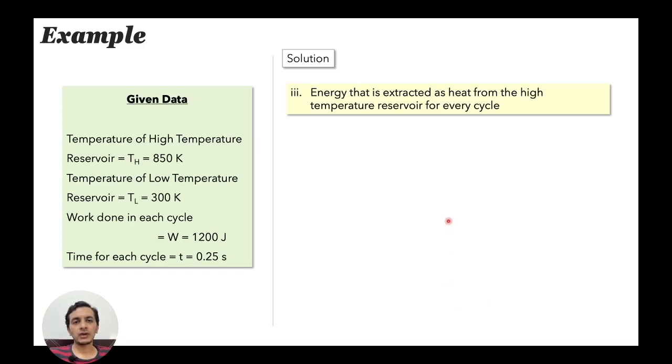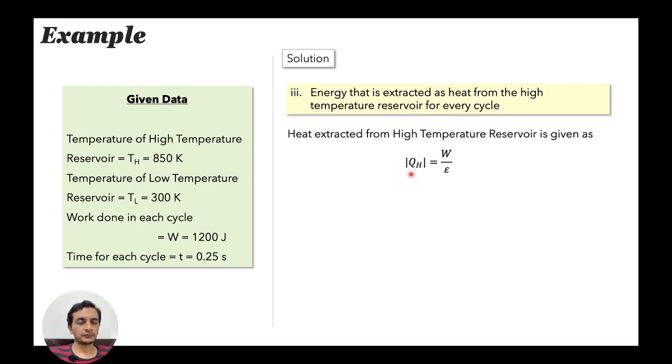Now part number 3. In this, we have to calculate the energy that is extracted from the high temperature reservoir. In every cycle we assume that it is the same. QH is equal to the work done divided by the efficiency.